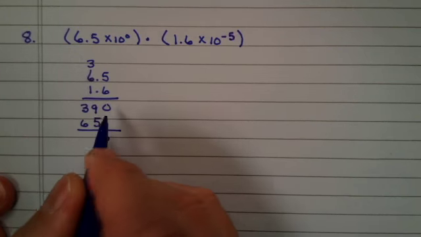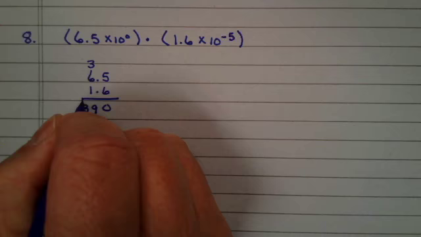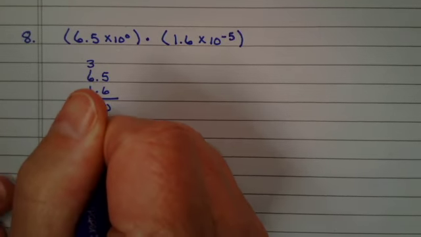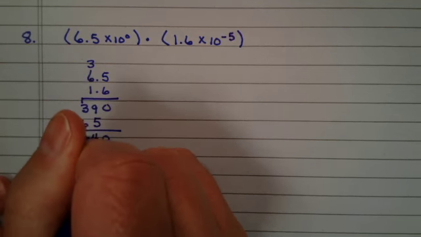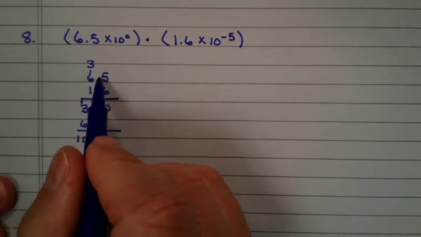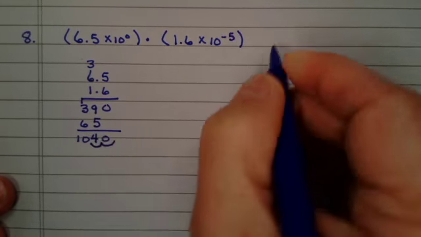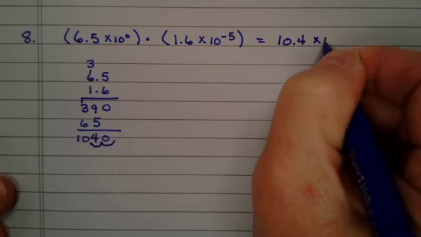Bring down the 0. 9 plus 5 is 14. Carry the 1. 1 plus 3 is 4. Plus 6, 10. How many decimal places do I need to move it? 2. 1, 2. So I start off with 10.4 times 10.